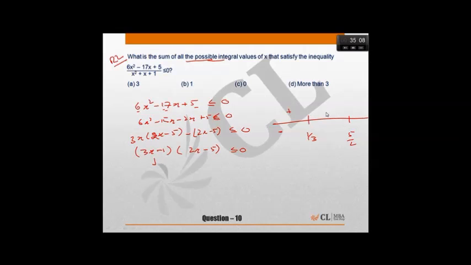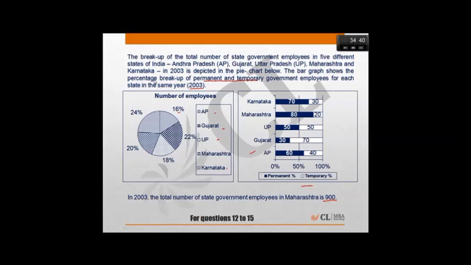So this will be positive, this will be negative, this will be positive. This has to be less than or equal to 0, so that means between 1 by 3, 0.33 and 2.5. So the integral values which will satisfy this will be x equal to 1 and 2. So the sum of possible integral values will be 2 plus 1, 3. Okay. We'll skip this one.